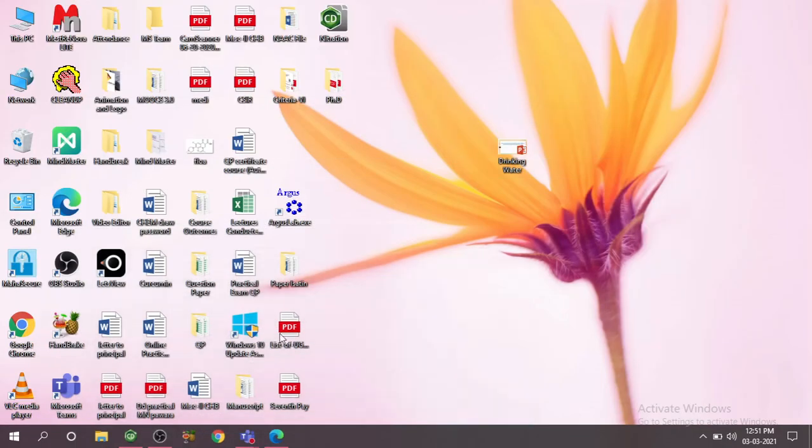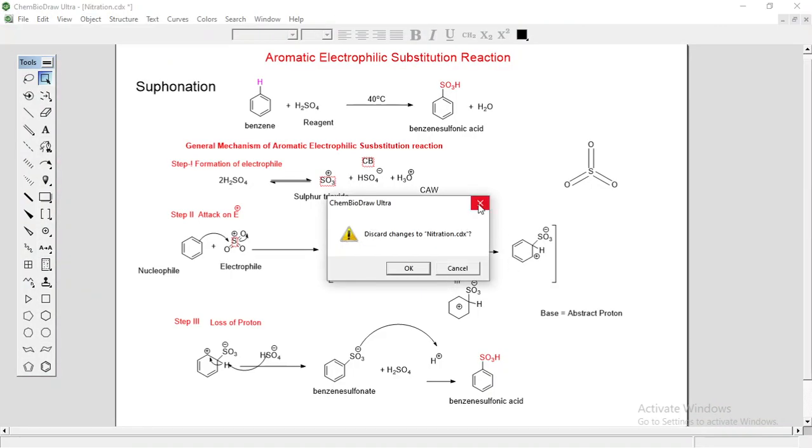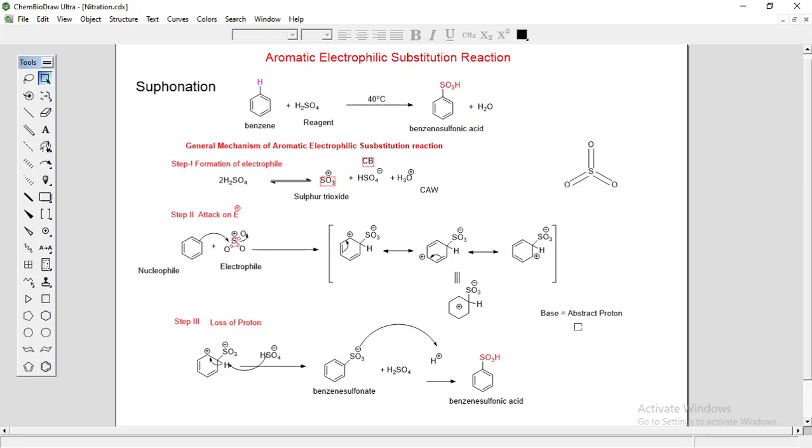You do not require heating or drastic conditions. But when you use other sulfonating agents, it requires high temperature and drastic conditions to convert benzene into benzene sulfonic acid. When you are using oleum, a high yield is also obtained.